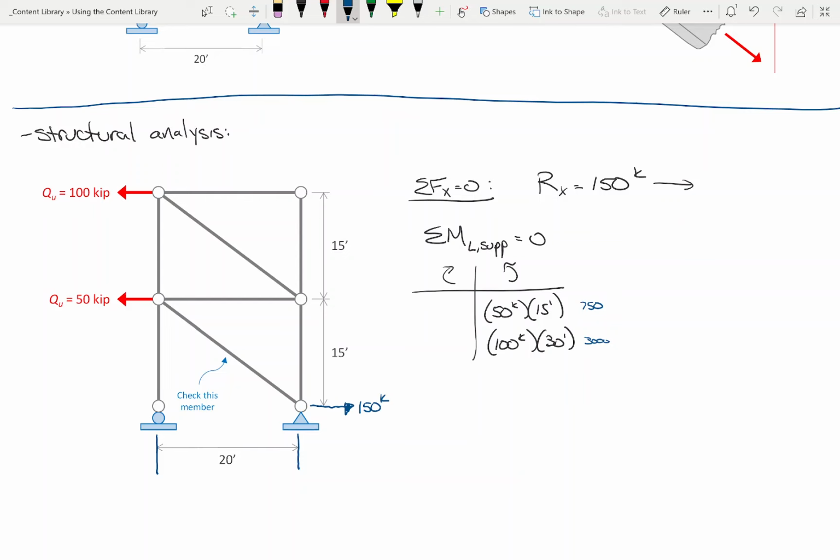And then there has to be a resisting moment. So which direction does this go, up or down? Down, right? Because this is rotating this way. This has got to rotate the other direction. This has got to go down. So Ry times 20 is going to be, okay, 50 times 15 is 750, 100 times 30 is 3,000, so 3,750.